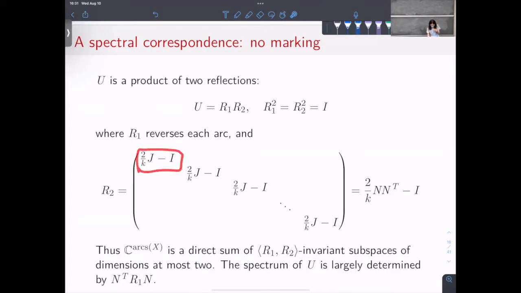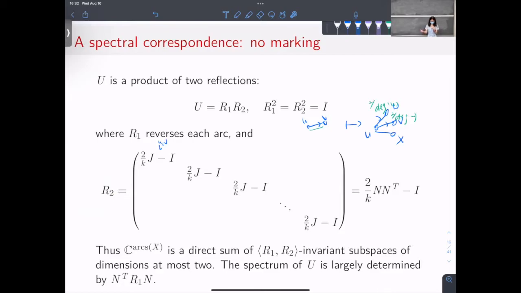So what it does to your arc is that, let's say you start with the arc UV, then it sends the arc to a linear combination of all the arcs leaving U. So this is sent to, say, V, W, X. And the coefficient will be 2 over the degree of U minus 1 if it stays at the original arc, and 2 over the degree otherwise. And then you multiply this matrix by the arc reversal matrix, you will recover exactly the same matrix we saw in the first slide.